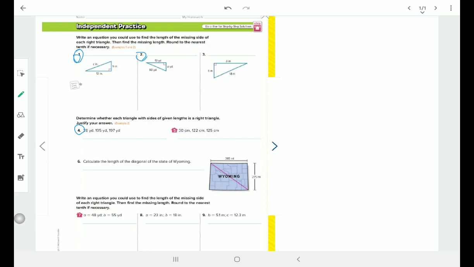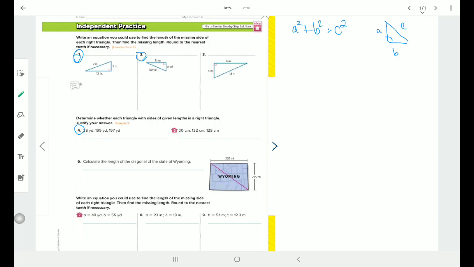Each time I would write out a squared plus b squared equals c squared. That way you know what you're looking for, and if you want, even draw off to the side a picture, so you know that a and b make up that right angle, and c is the longest side. So if I'm looking at number 1, a and b, it doesn't matter which one's which here.